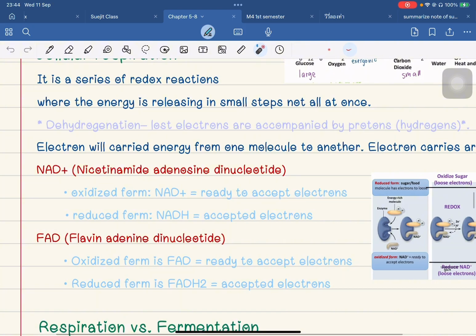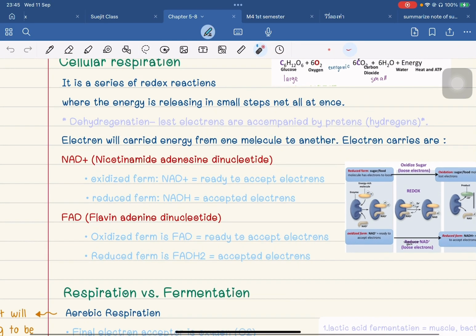NAD plus is the oxidized form, which is ready to accept electrons. In the reduced form, it is NADH, which has already accepted the electrons. It is the same with FAD: FAD is the oxidized form, ready to accept electrons, and FADH2 is the reduced form, which has already accepted the electrons.